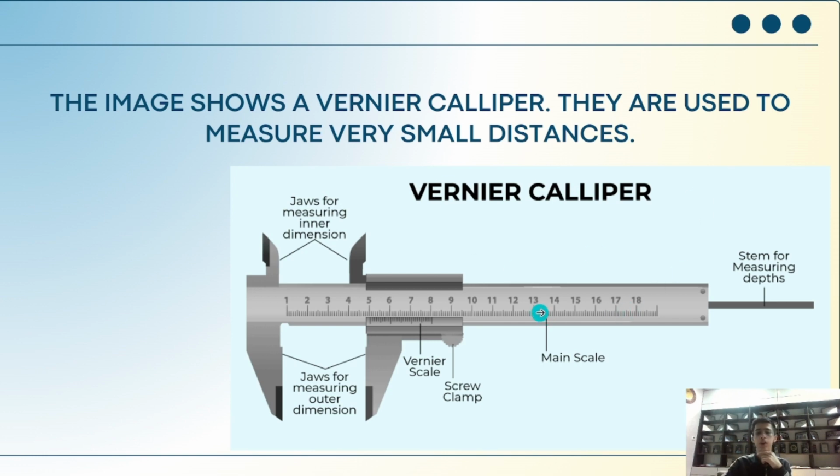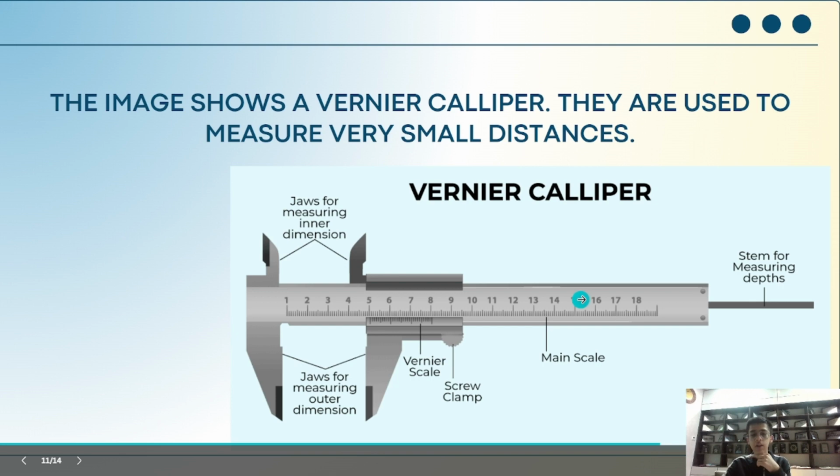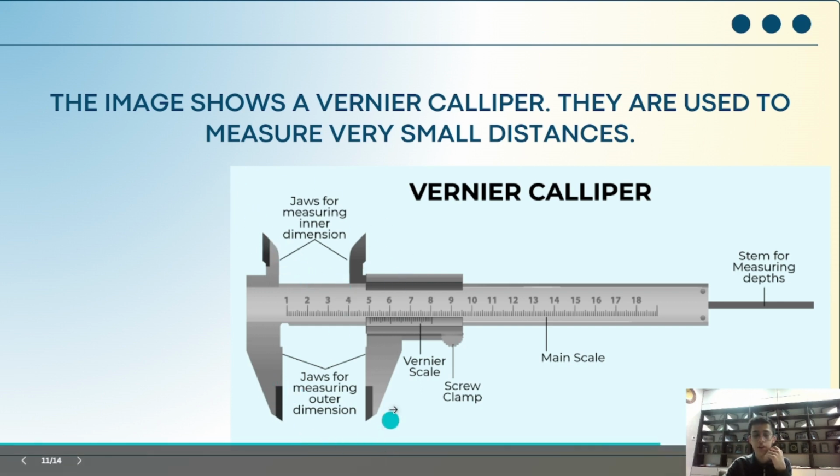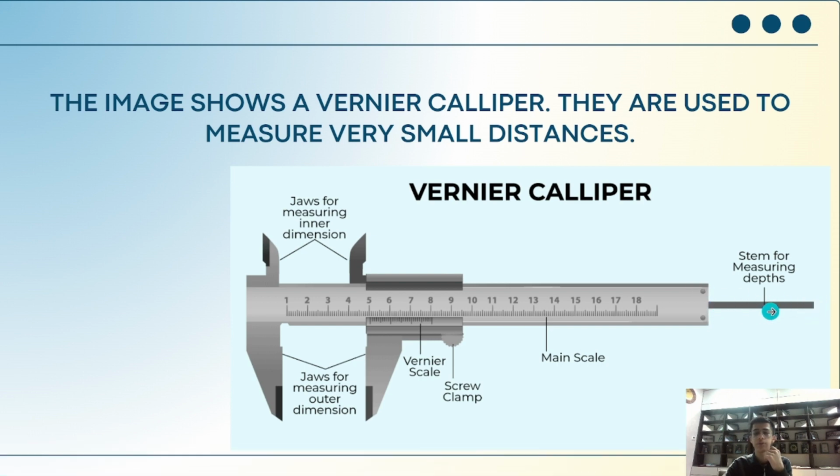So this is the vernier caliper. It also has a main scale and vernier scale. Usually the vernier caliper measures three kinds of things: inner diameter, outer diameter and depths.